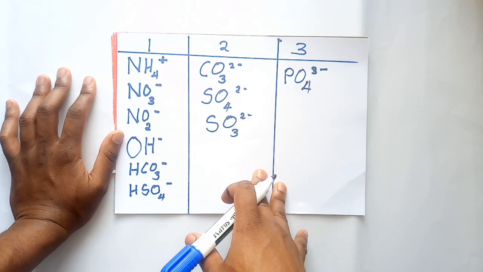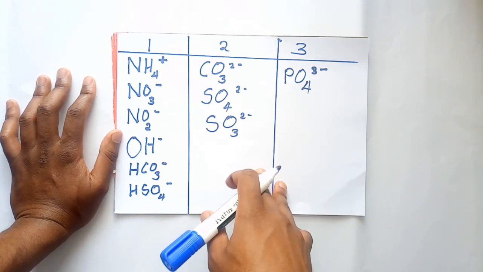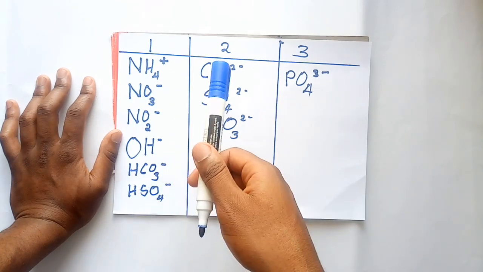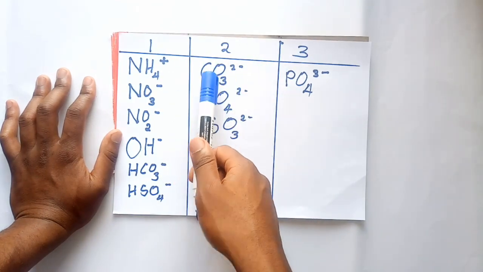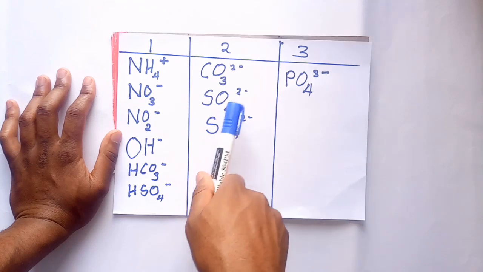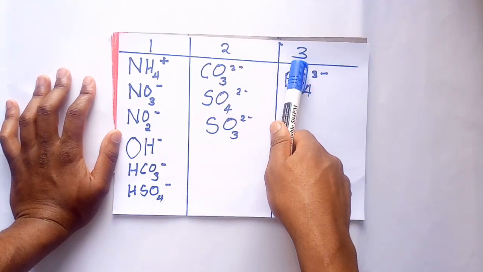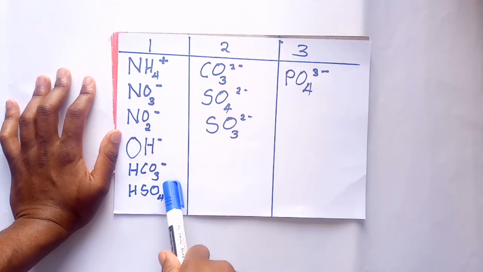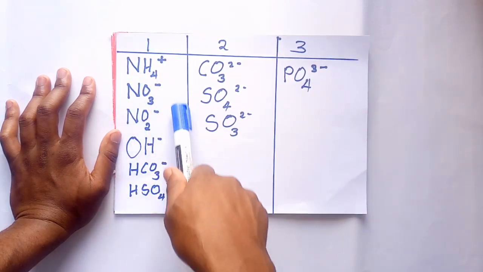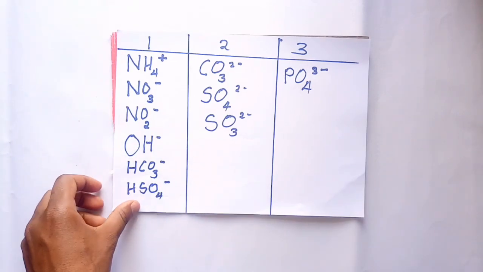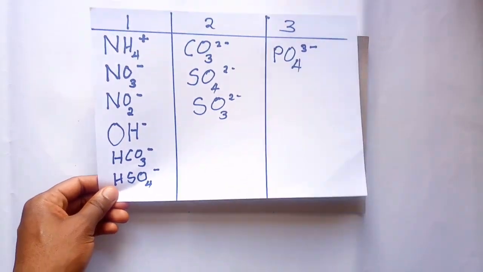I always tell my students it's very easy to remember these because most of them have a valency of 1. If you are able to remember that carbonate, sulfate, sulfite are the ones that have a valency of 2 and phosphate a valency of 3, then it also becomes very easy to remember that all the others are found here.